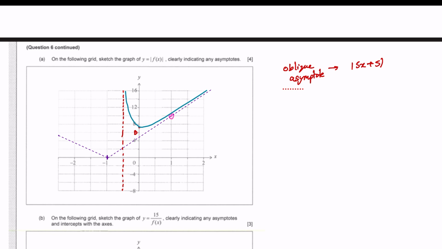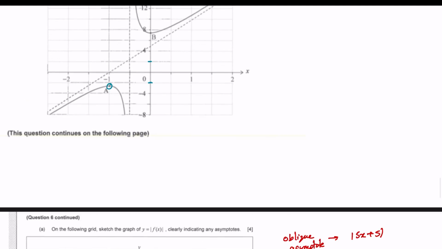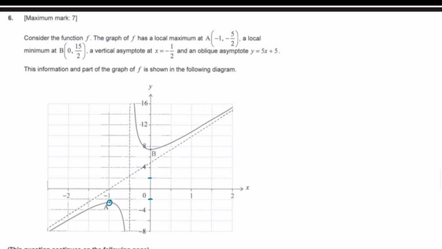This is 2, so somewhere here we'll have A. Obviously, the x-coordinate remains the same. Only the y will get reflected. Now we can just connect them. So this is the asymptote. We'll come here and connect it like this. So this will be the mod f(x) curve. Nothing, just that the curve below the x-axis got reflected above.